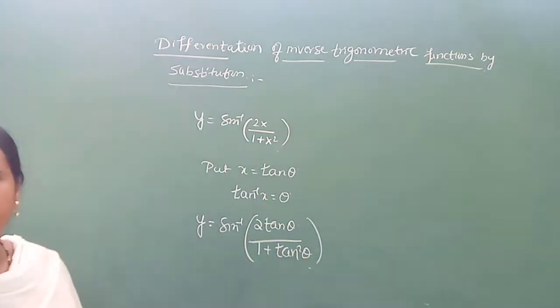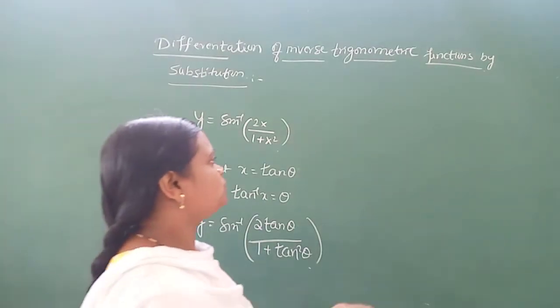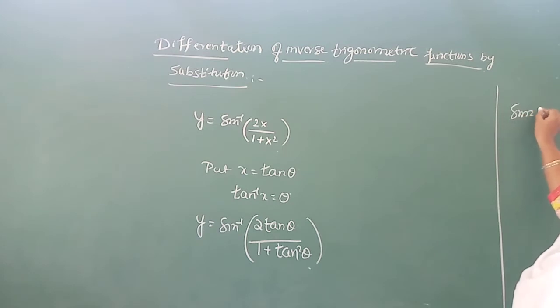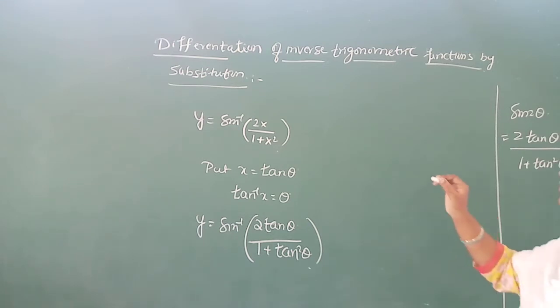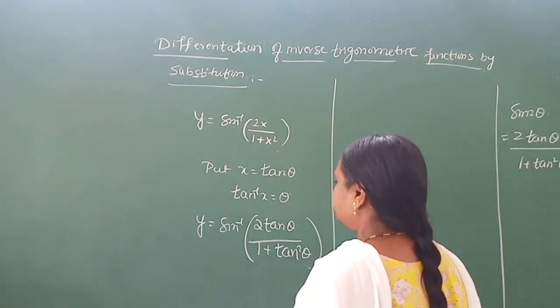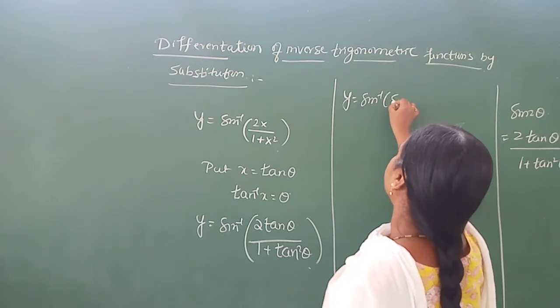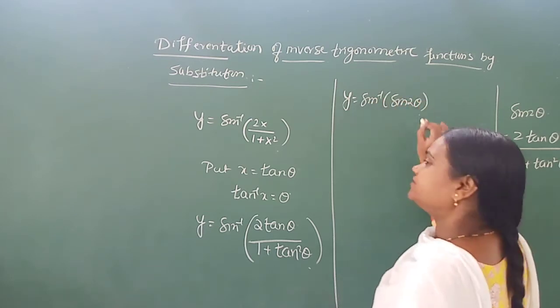We know the formula: sin 2 theta is 2 tan theta divided by 1 plus tan square theta. Therefore, y equals sin inverse sin of 2 theta.